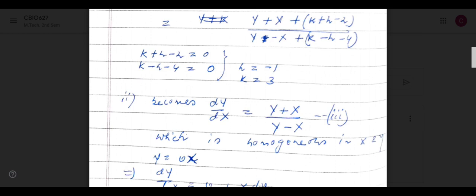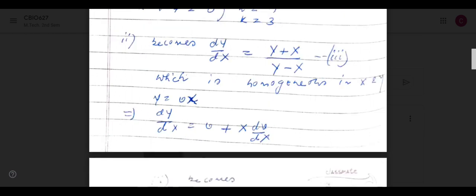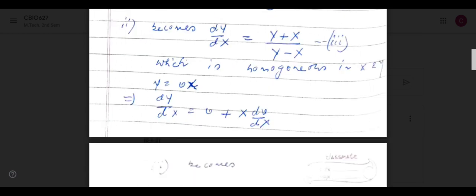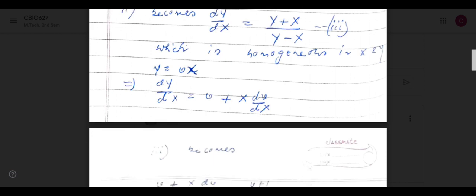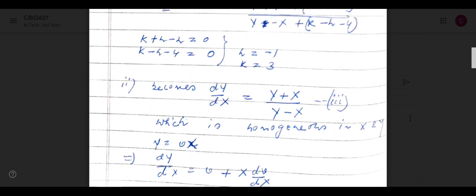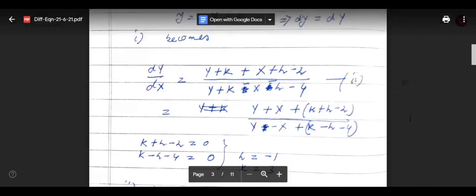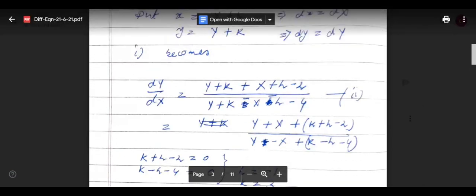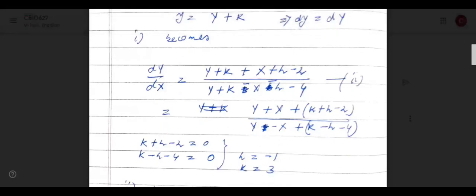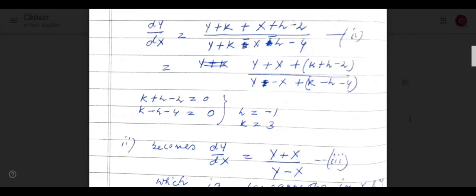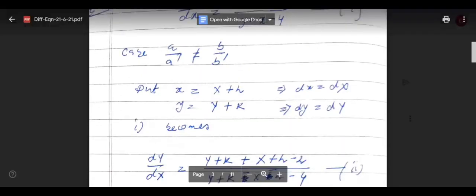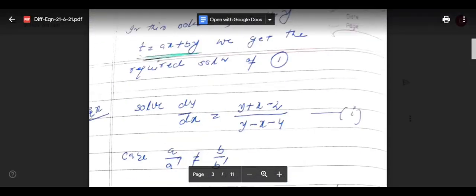Okay, so all of you understood how we are reaching from equation 1 to equation 2. Now what you have to do? One component is there in the numerator, a into h plus b into k plus constant, and the denominator a dash h plus b dash k plus c dash.